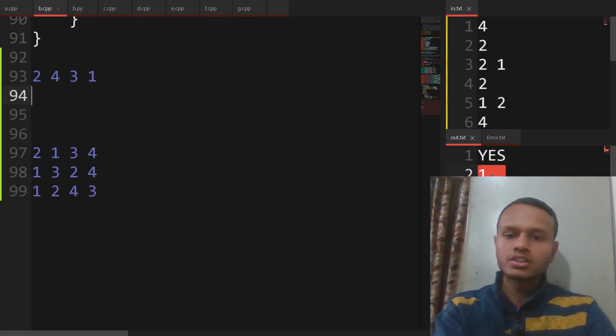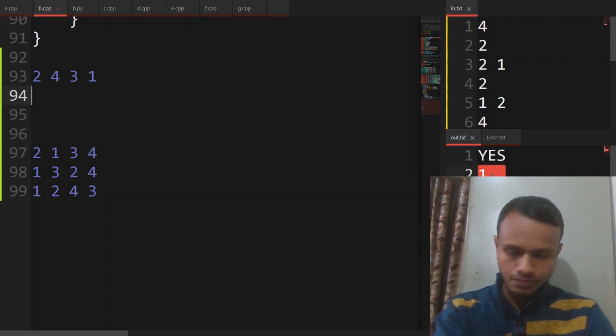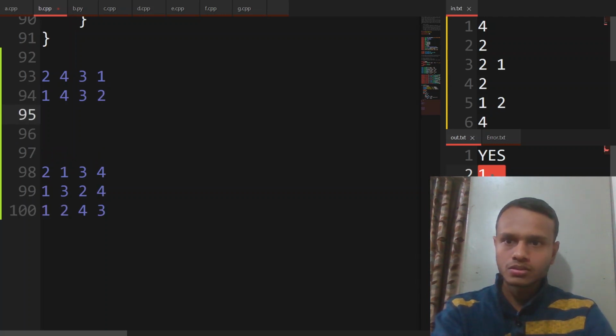So what I was suggesting is that let's just get the sorted array out of this given array, and for that I can swap it like this, then I can swap it like this. First swap the first and the last elements, then the last and the second element.